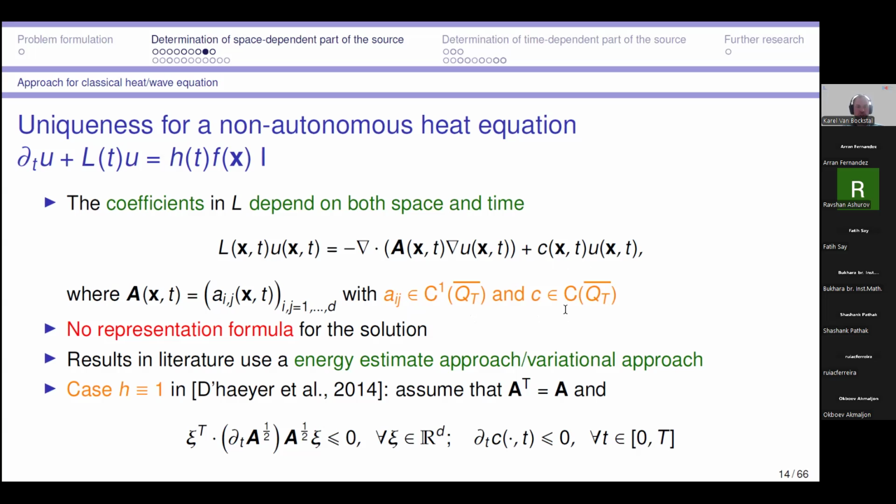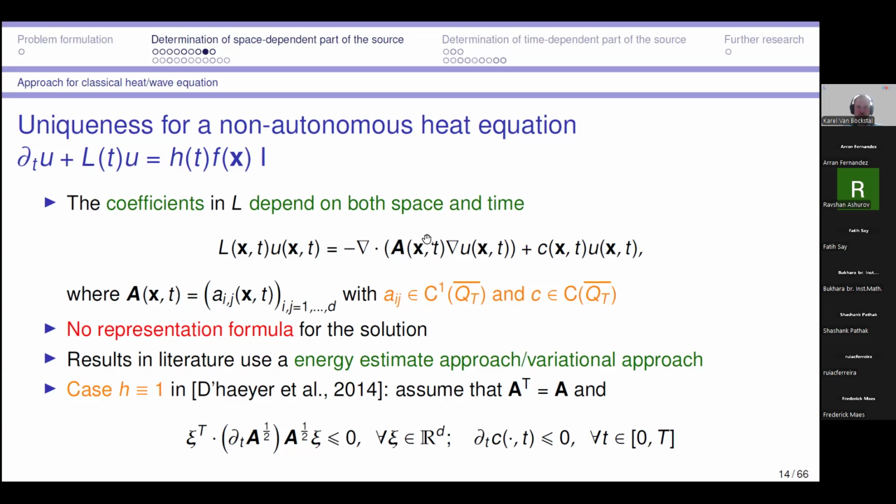We cannot use semigroup theory, and before in the literature this energy estimate approach was used. This refers to the paper of Dyer, Slodička, and Johansson for the case h equal to 1.